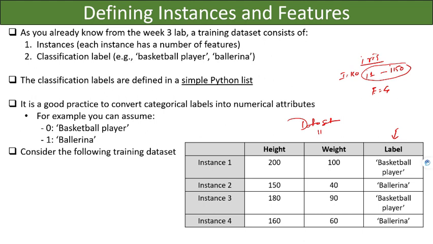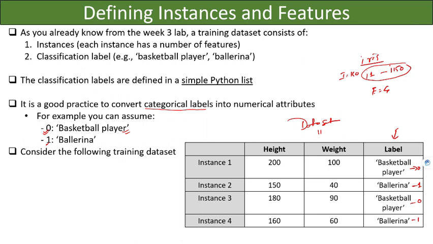Here, if you are going to use instances and features, we basically apply categorical labels to represent the classes. So here I use 0 to represent basketball player. On the other hand, I use 1 to represent ballerina player. So this one is 0, this one is 1, this one is 0, this one is 1.